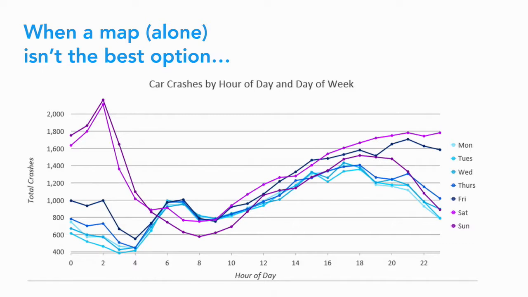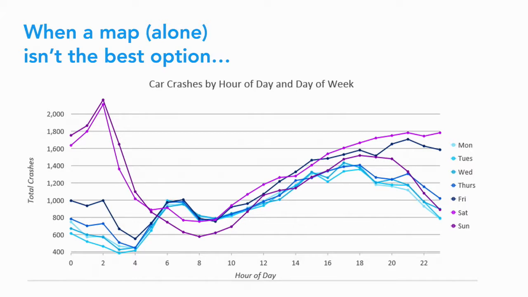So this is car accident data that I pulled. And I put along the x-axis hour of day, and I split this into 7 categories by day of week. And then I color-coded it so that Monday through Friday are kind of in these blue tones, and then Saturday and Sunday are in the pink tones.